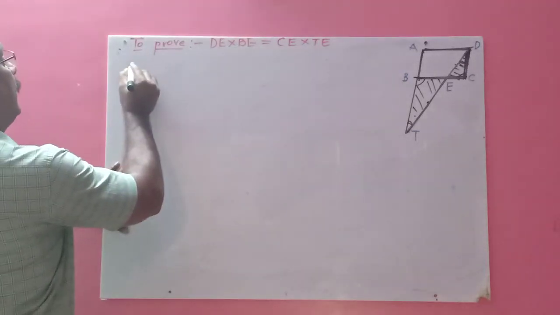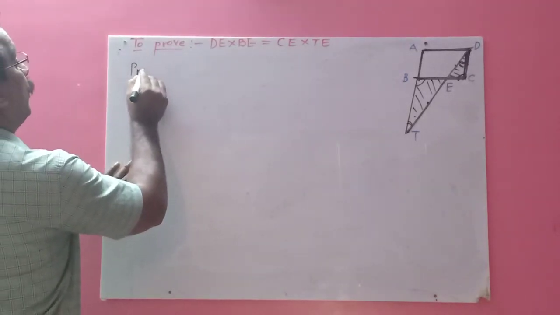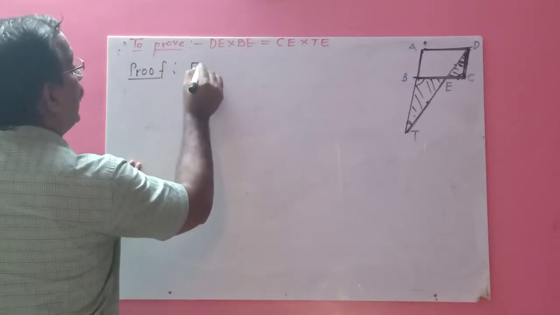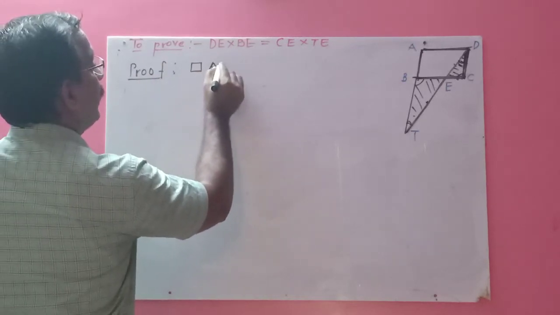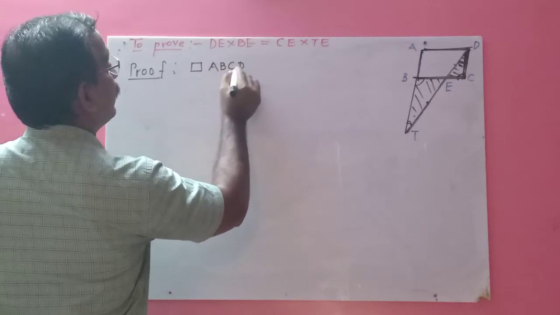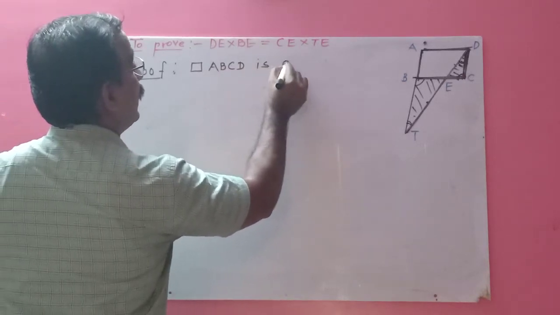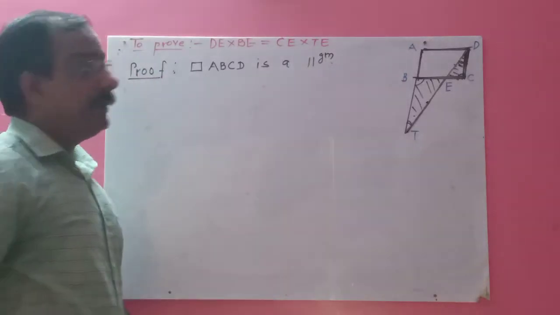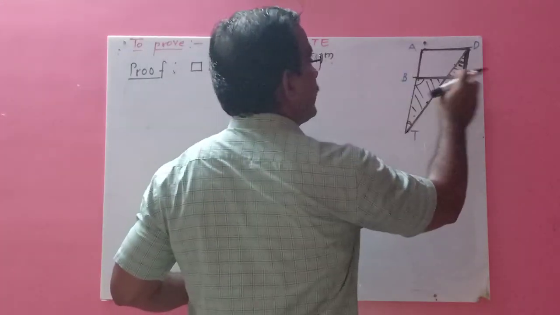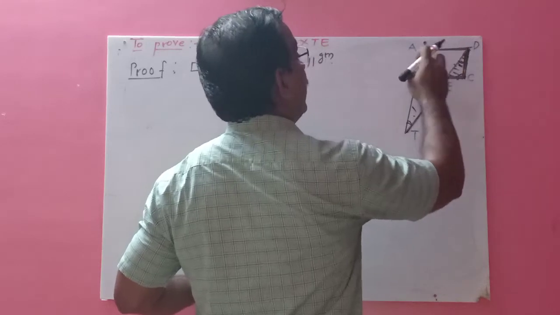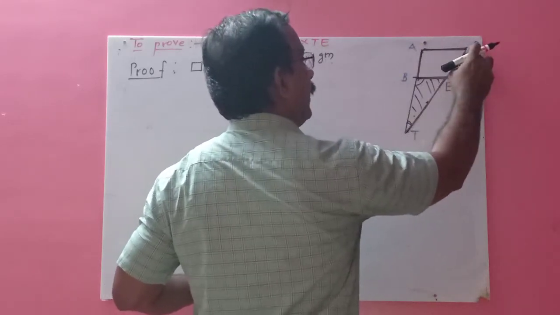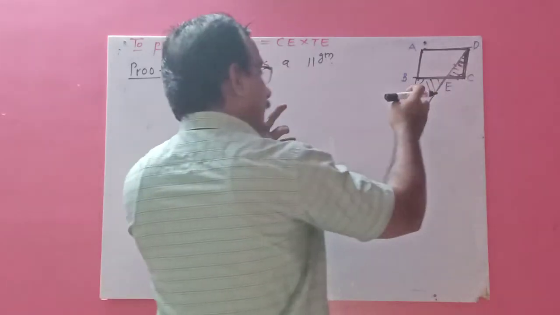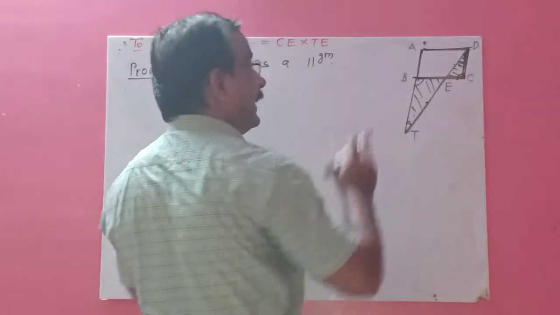First you write down the name of the quadrilateral. Proof. Quadrilateral ABCD is a parallelogram. Okay? If ABCD is a parallelogram, then this line is parallel to this, or you can say AT is parallel to DC because T is lying on AB.